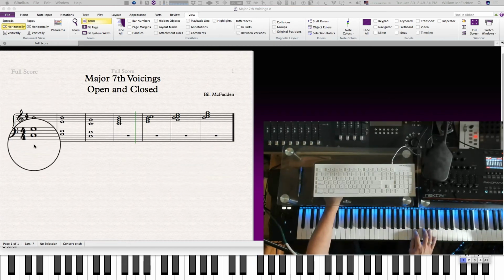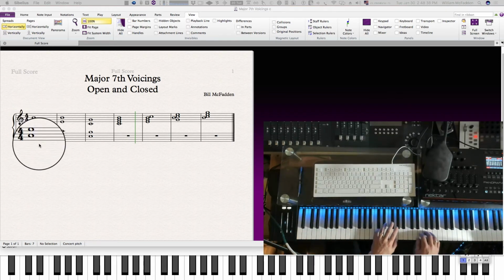Now let's take a look at the open voicing down here. And let's use the planing technique. So just move down one whole step in the C scale, or just follow the notes in the C scale. And I'll switch to the second voicing.